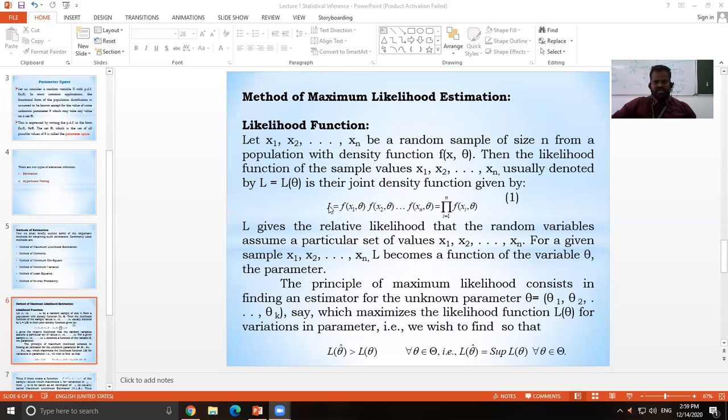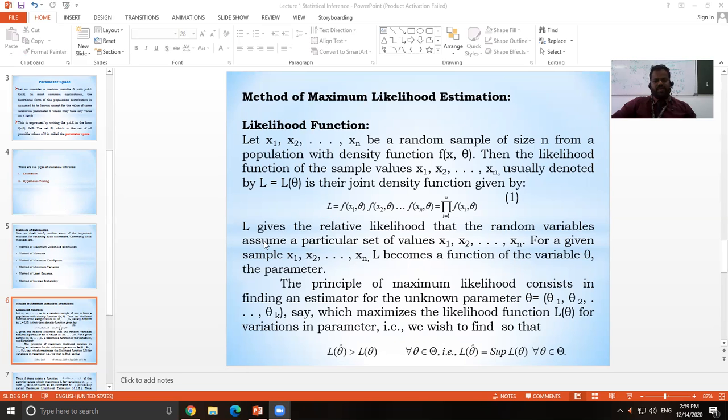Capital L equals f of x1 comma theta, f of x2 comma theta, etc., f of xn comma theta. This is called the joint density function for the random variables x1, x2, etc., xn, equal to the product over i equal to 1 to n of f of xi comma theta.